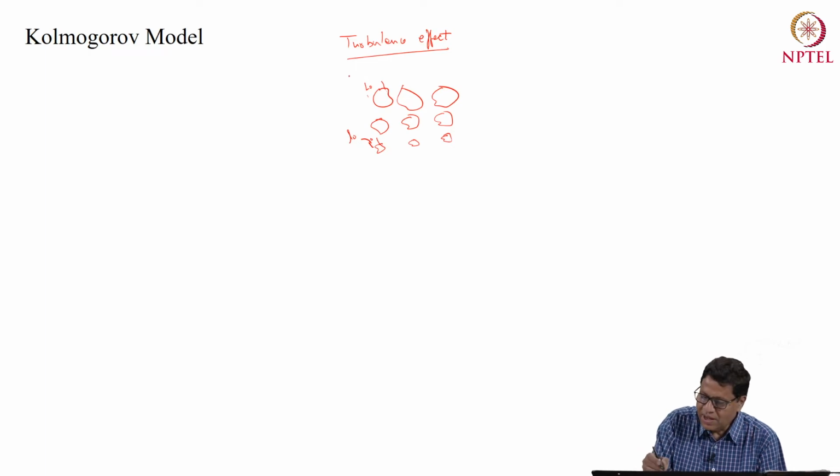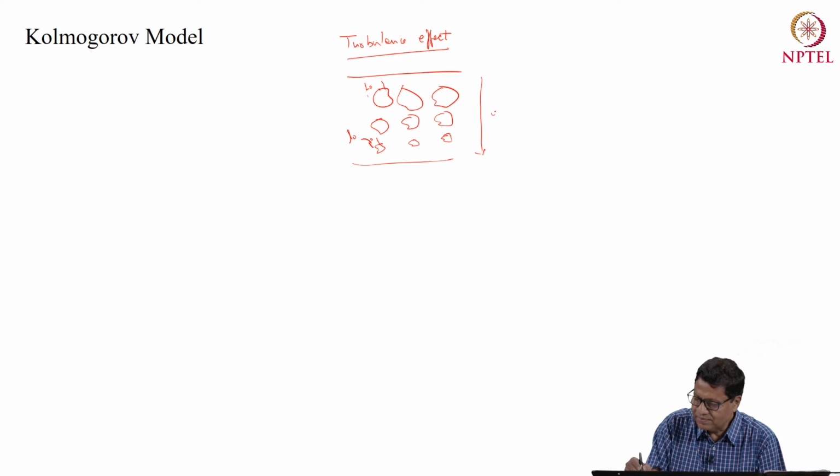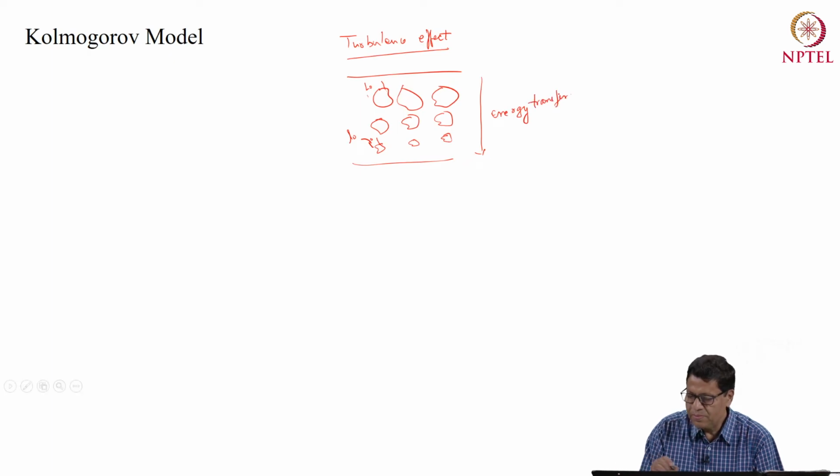So basically there is an energy transfer happening from bigger eddies to smaller eddies. There is energy injection, and in the end there is some dissipation.